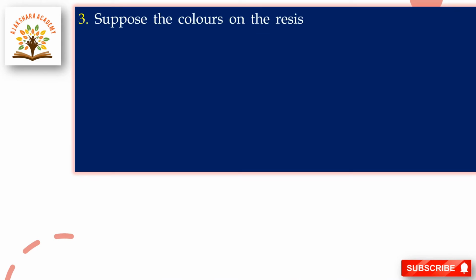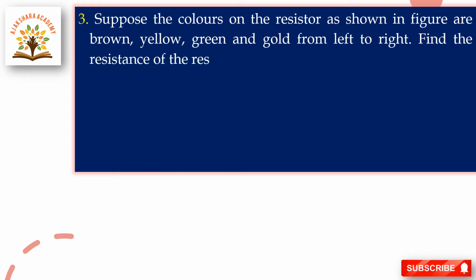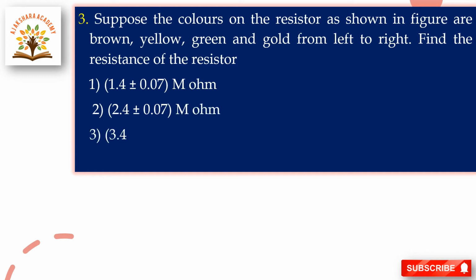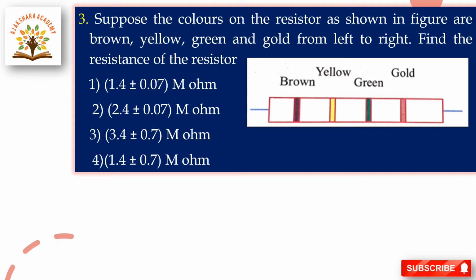Suppose the colors on the resistor as shown in figure are brown, yellow, green and gold from left to right. Find the resistance of the resistor. Observe this diagram. Brown, yellow, green and gold.